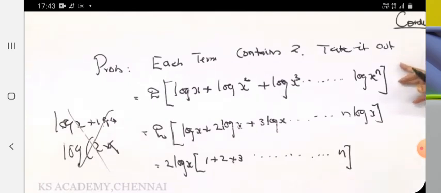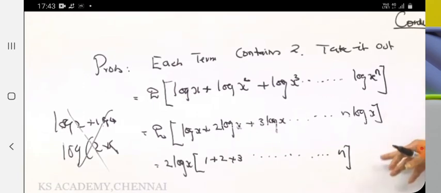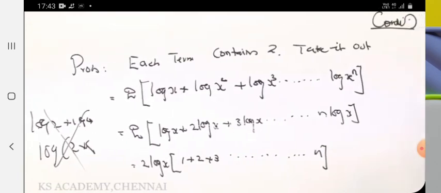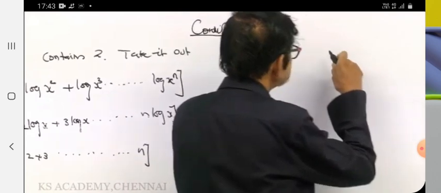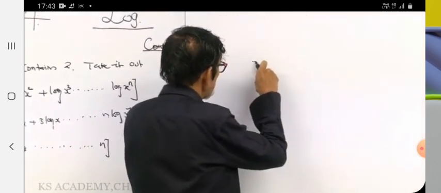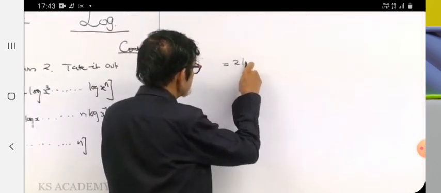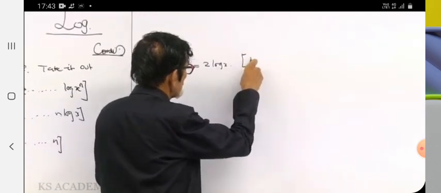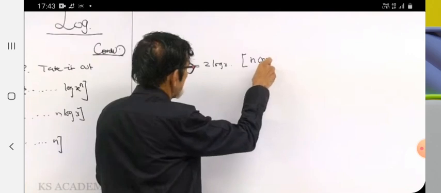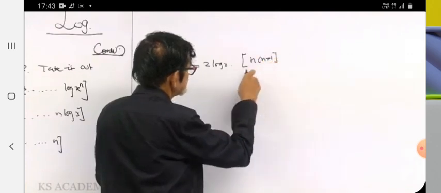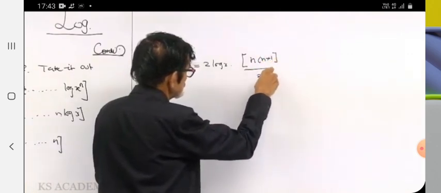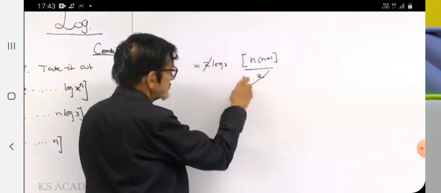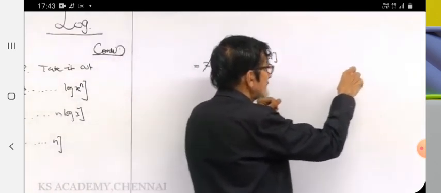Step 1, step 2, step 3, step 4, inside the bracket 1 plus 2 plus 3 plus 4. Before these two you can cancel.